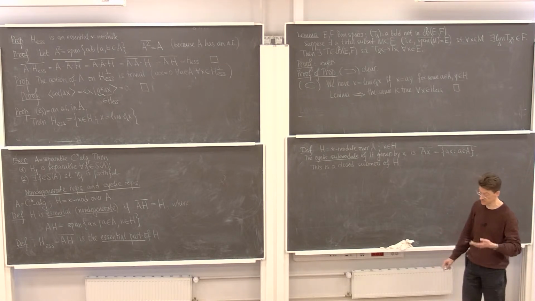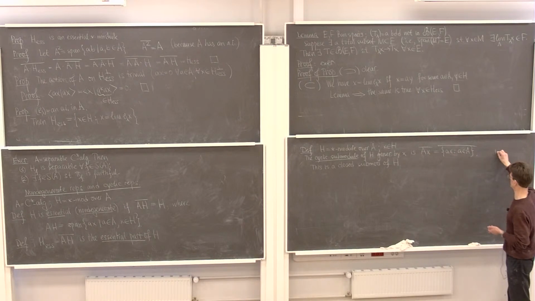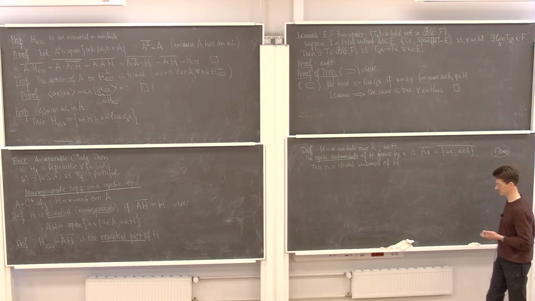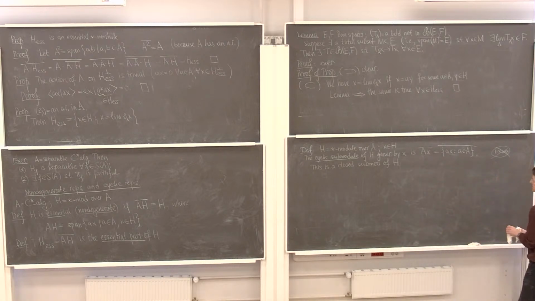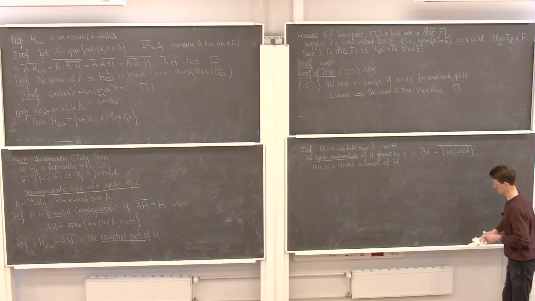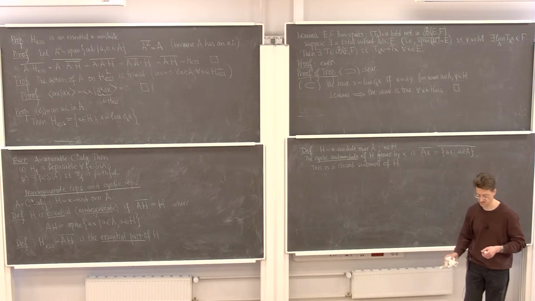And moreover, even if it is unital, we don't assume that the identity of the algebra acts as the identity transformation of the module. So in general, we don't assume this equality, even if A is unital. I cannot claim that x belongs to the submodule, but this is indeed the case if we assume that x sits in the essential part.